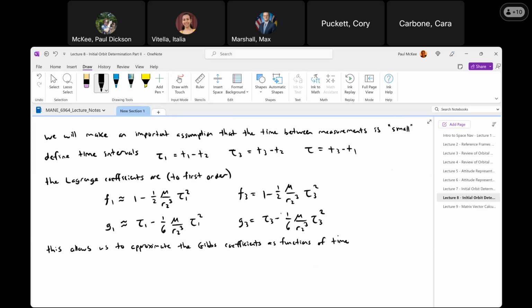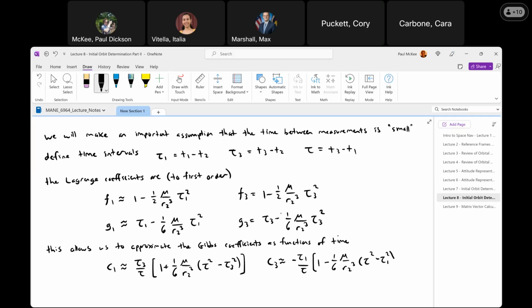And that looks like this. C1 is approximately equal to tau 3 over tau, 1 plus 1/6 mu over R2 cubed, tau squared minus tau 3 squared. And C3 is approximately equal to negative tau 1 over tau, 1 minus 1/6 mu over R2 cubed, tau squared minus tau 1 squared.